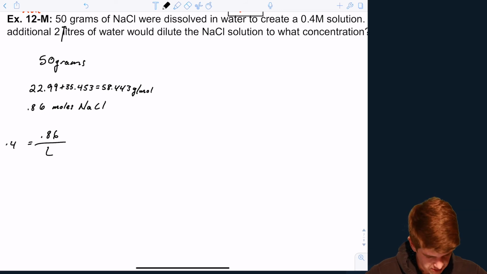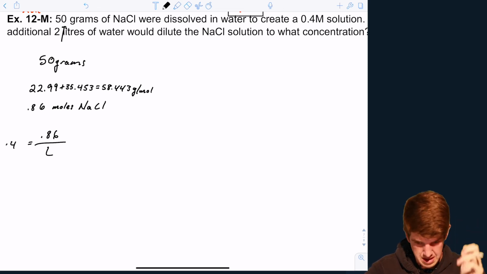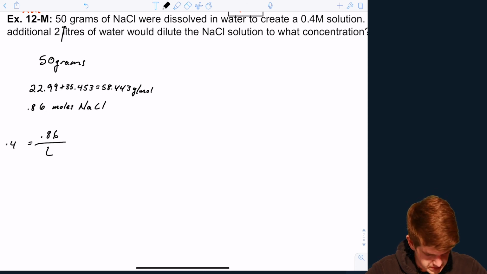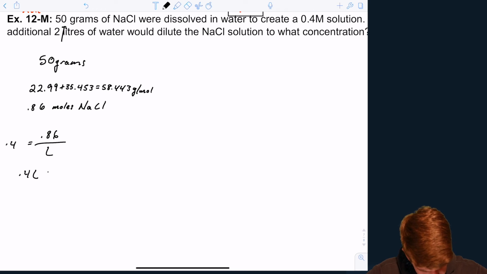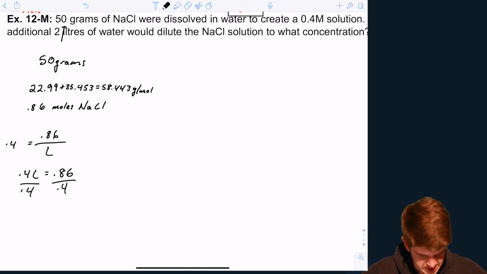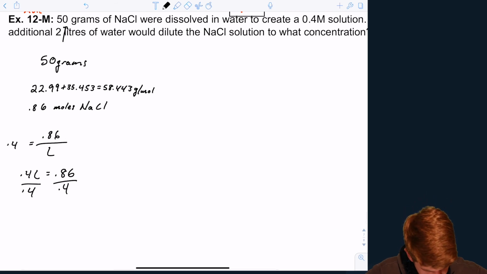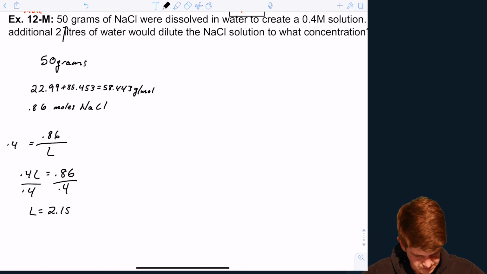Because I don't actually know the volume yet, so I can't do M1 V1 equals M2 V2. So 0.4 times L is equal to 0.86. Dividing both sides by 0.4 gives 2.15. So for liters, I know I have a 2.15 liter solution.